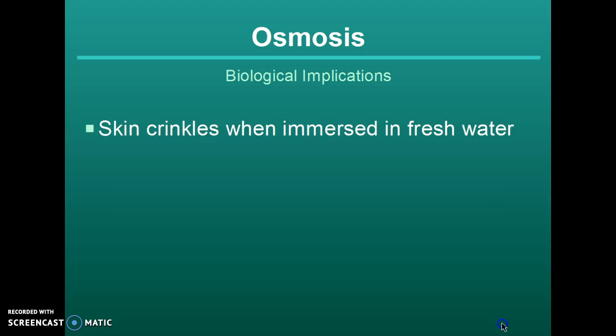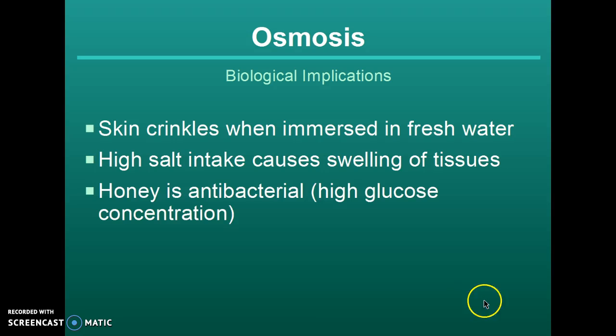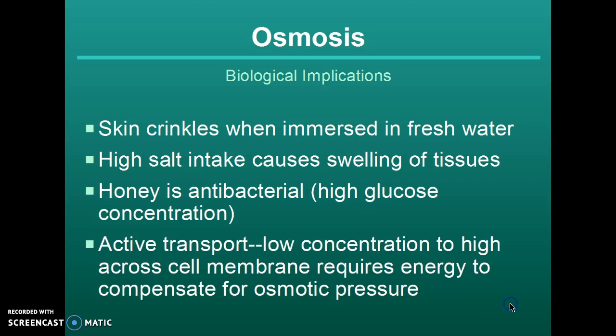The biological implications are clear. If you put your hand in fresh water for half an hour or an hour, it'll crinkle up. High salt intake causes swelling of tissues. Honey is antibacterial because it has a high glucose concentration, and the bacterial cells can't survive in it.